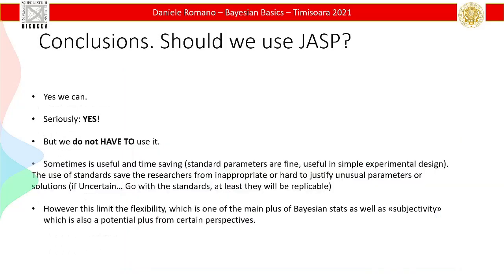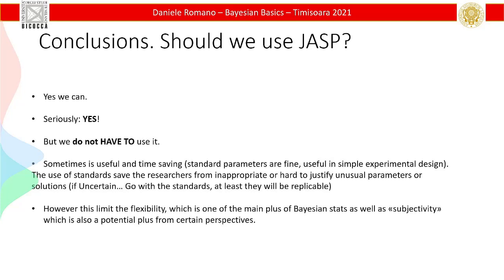So my conclusion is: should we use JASP? Well, yes, you can. It's not mandatory. You can do all this outside JASP with the same level of accuracy and speed if you learn how to use packages. But sometimes it's useful.